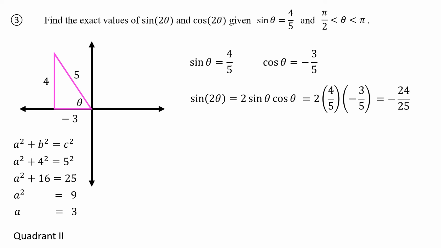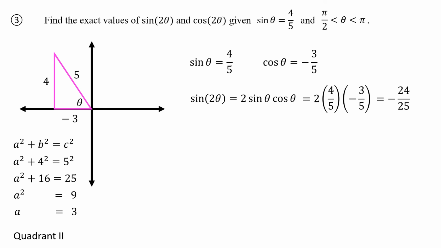Now, if someone out there is like, wait a minute, I thought sine was positive. Yes, in quadrant number 2, sine is positive, and angle theta is in quadrant number 2. But we're looking at the value of sine of 2 theta. 2 theta is not in quadrant number 2, right?